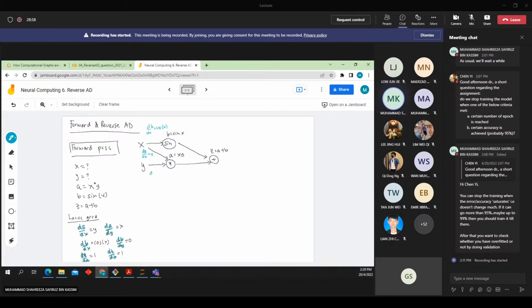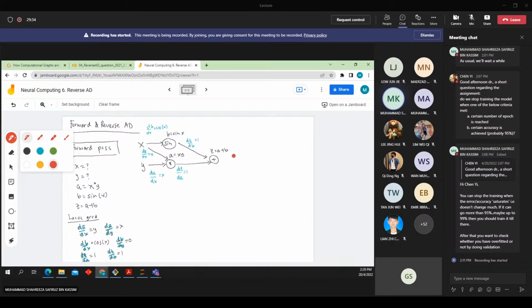And here we have the partial derivative of a with respect to y, which is x. Here we have the partial derivative of z with respect to a, which is 1. And then we have the partial derivative of z with respect to b, which is 1 as well. Okay. Did I miss anything? No, I think that's it.